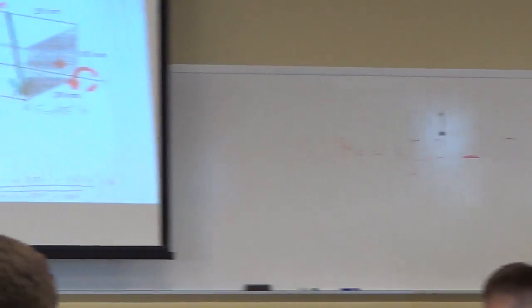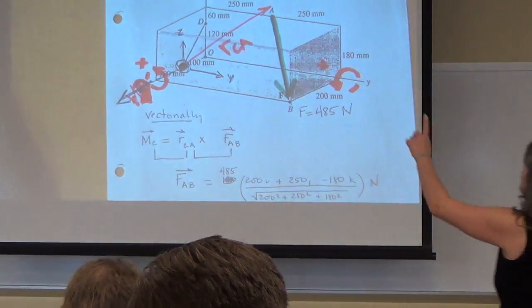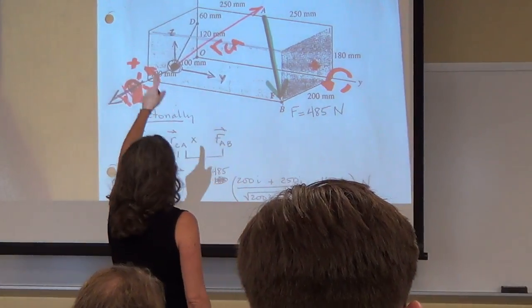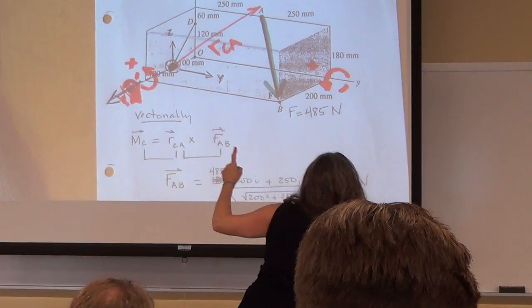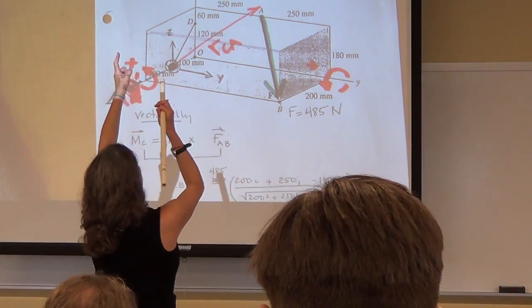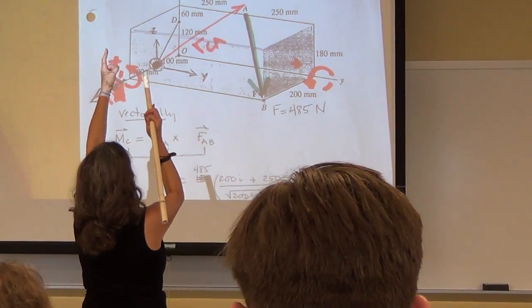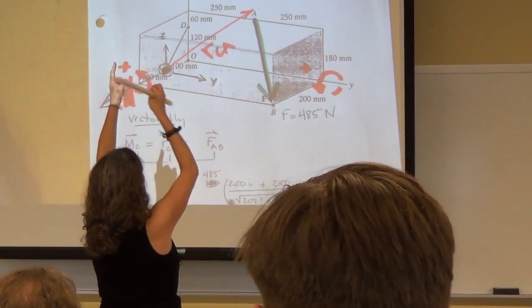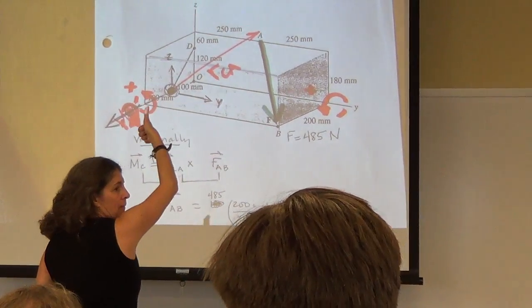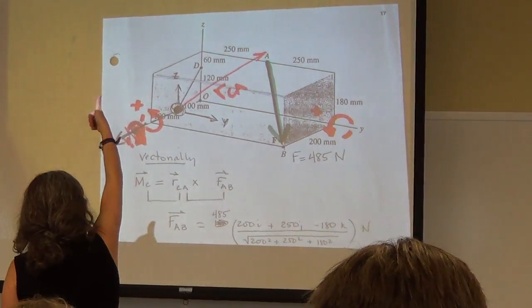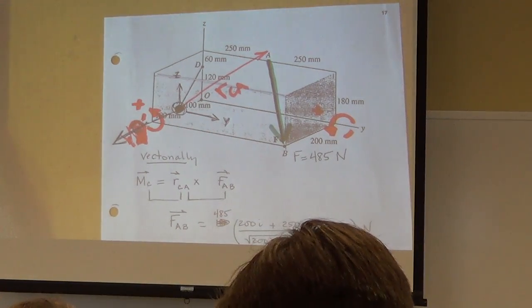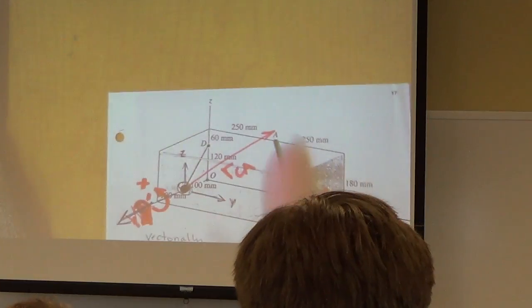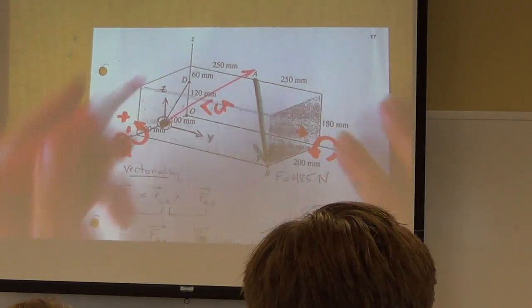So now, where is the force? I'm looking at the z-axis. The z-axis is going up there. The force is going down, and it's going to the right. So how is it going to spin around here? First, put your thumb in the positive direction of z. So z is positive.